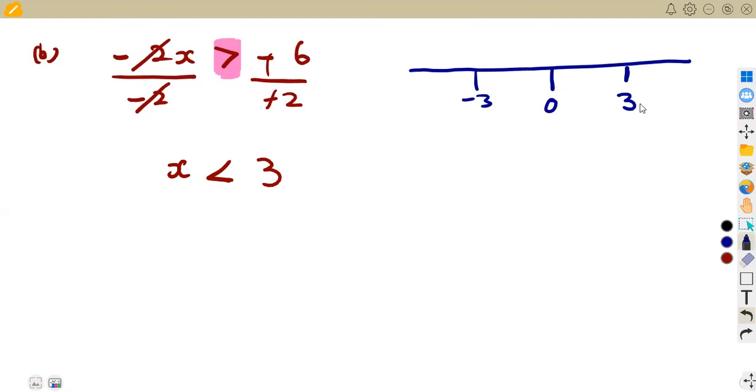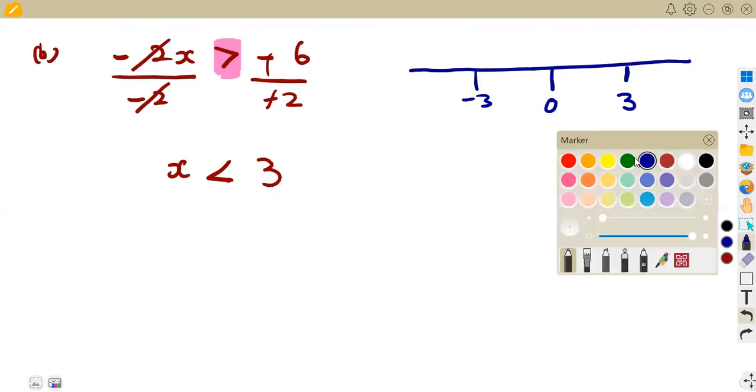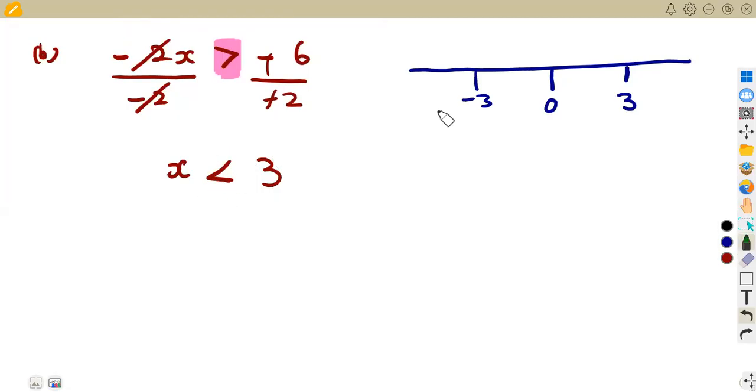Then you compare: the inequality there is less than, so I'm not going to shade, I'm just going to represent it with a circle. Which values am I going to take? x must be less than 3. So are we going to the left or to the right?